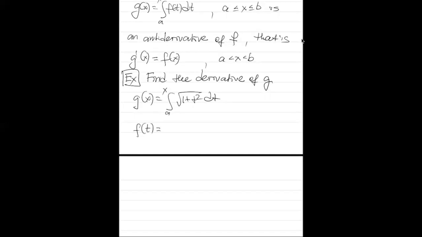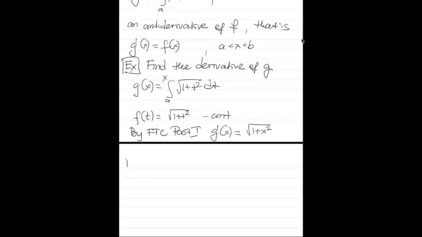Our integrand, f of t, is the square root of 1 plus t squared. It's continuous. So by the fundamental theorem of calculus, part 1, we have g prime of x is equal to our function f of x, the square root of 1 plus x squared. All right, so after you determine f of t, all you have to do is put x for t, and that is your g prime of x.